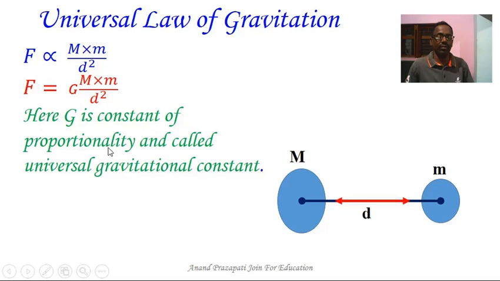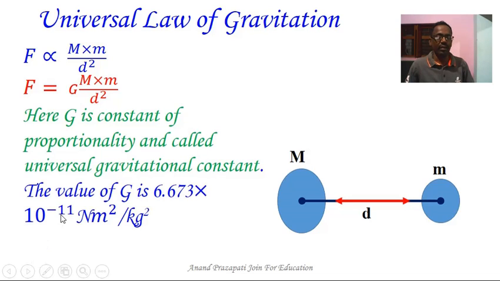Here G is the constant of proportionality, called the universal gravitational constant. Its value is 6.67 into 10 to the power minus 11 Newton meter square per kg square.